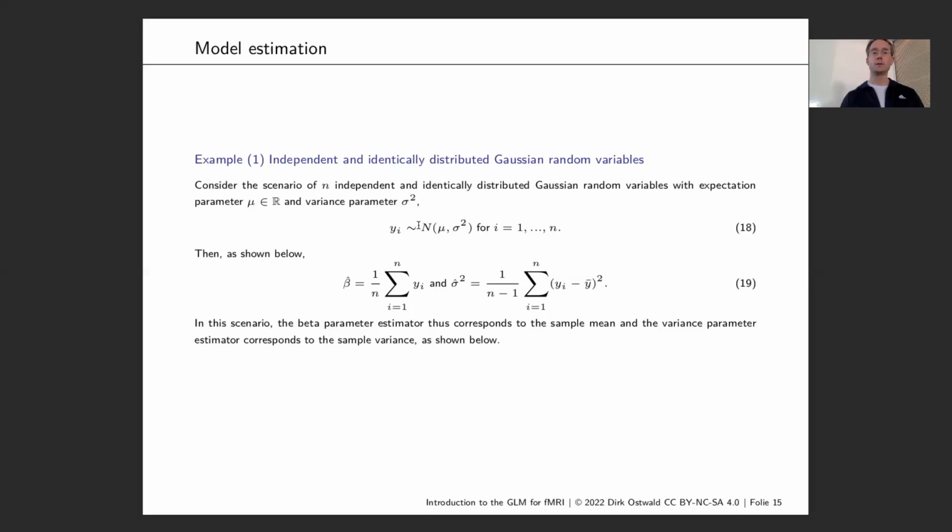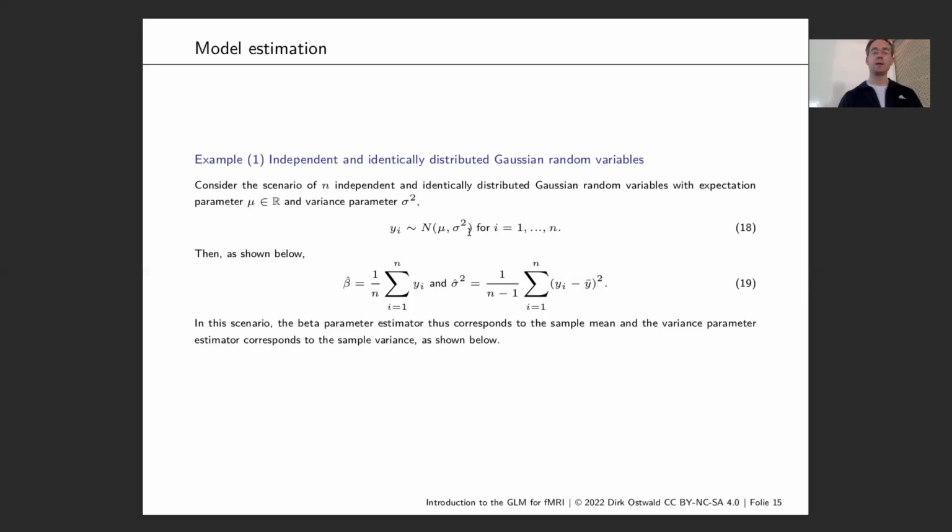So now we are again back to our one sample t-test design, where we have n independent random variables that are distributed according to univariate Gaussians with expectation parameter mu and variance parameter sigma square, which we cast as a GLM previously with this one column of ones and our beta being equal to mu. Again, this is sampling independently from a normal population.